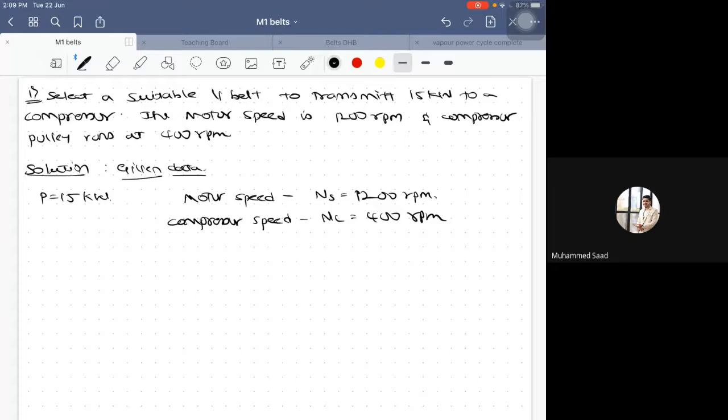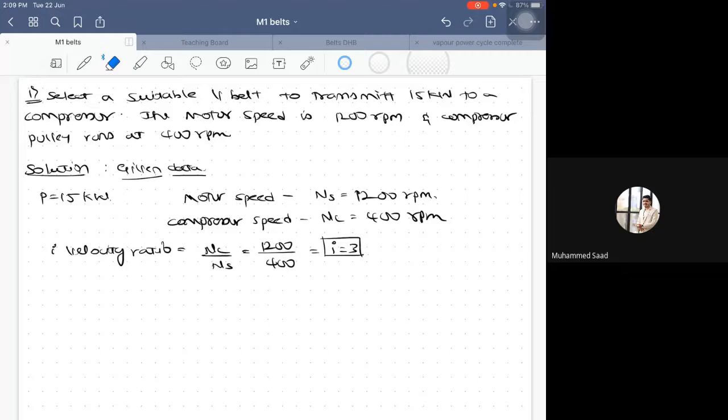Now from this, can I calculate the value of velocity ratio? That is NL divided by NS, which is 1200 divided by 400. I think it is 3. So we shall start the solution now.